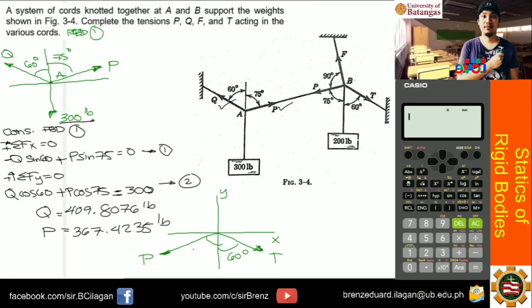So this is 75. And then we have here cable F or cord F. Okay, so the angle of that with respect to your cord P is 90.